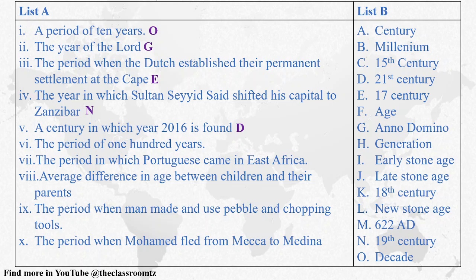I'll give you one trick to convert years to centuries. If you want to convert years to centuries, take the year you have been given, for example 2016, and divide by 100. After dividing by 100, the answer will come as 20 point something. Actually, it is going to give us decimals.